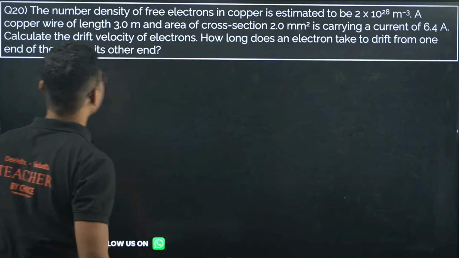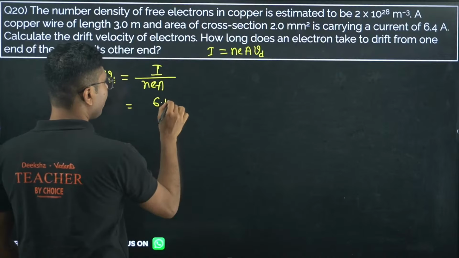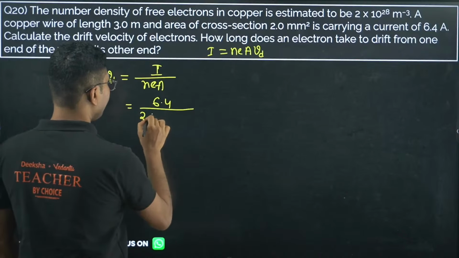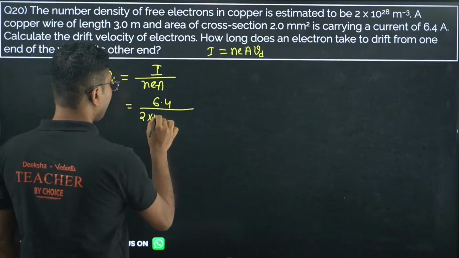From here you can put the values and calculate. 6.4 divided by, number density is 2 into 10 to the power of 28. Charge of an electron is 1.6 into 10 to the power of minus 19, and area of cross section is 2 millimeter square. Millimeter square means 2 into 10 to the power of minus 6 meter square.